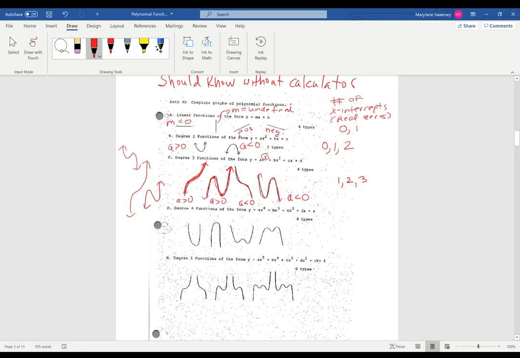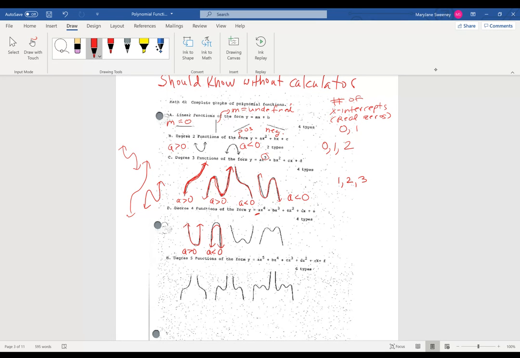Now, degree 4, so again, exponent 4, is going to be very similar to our degree 2. So we notice we can have something that looks like a parabola opening up, parabola opening down. So here a is greater than 0, here a is less than 0. A, I hope everyone understands, is the leading coefficient.